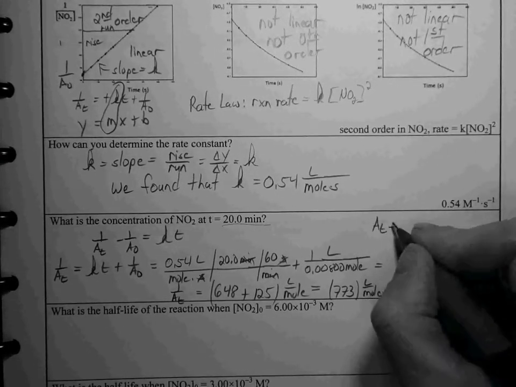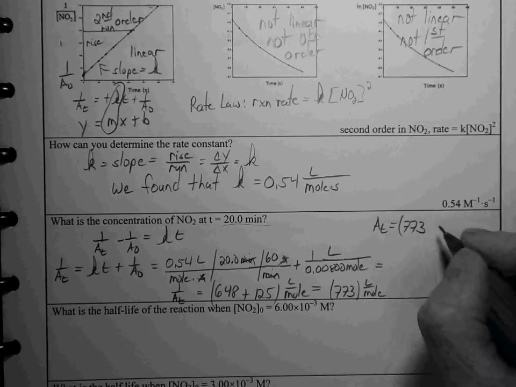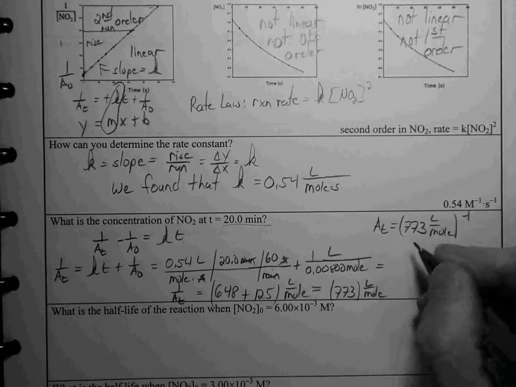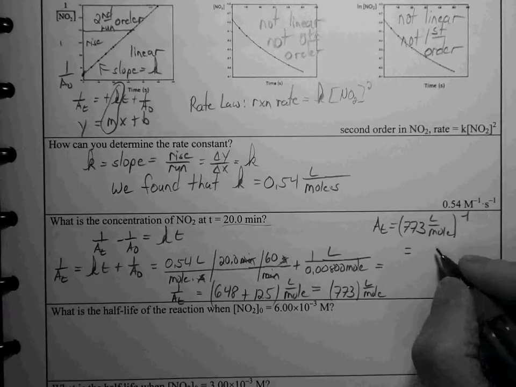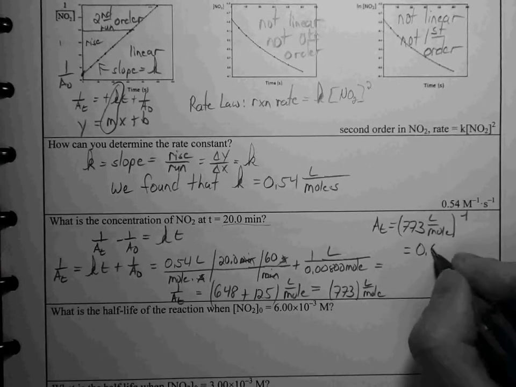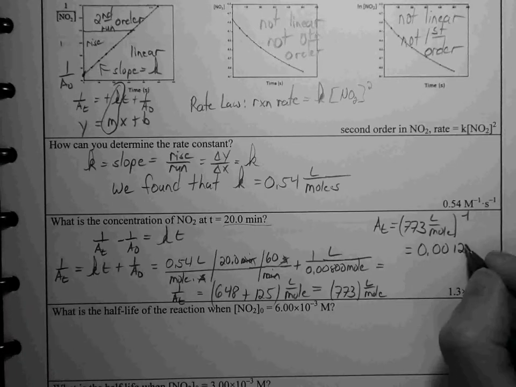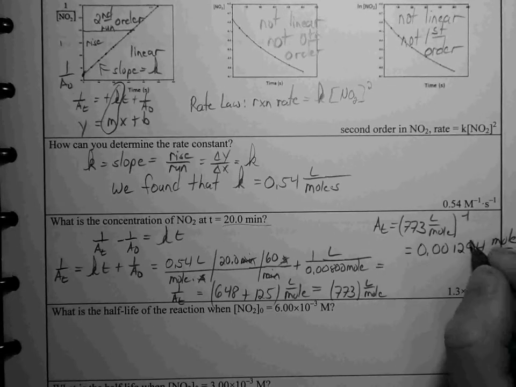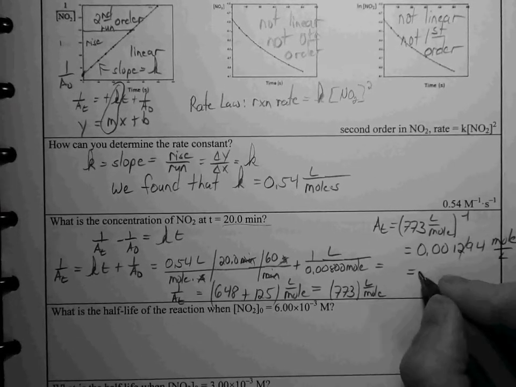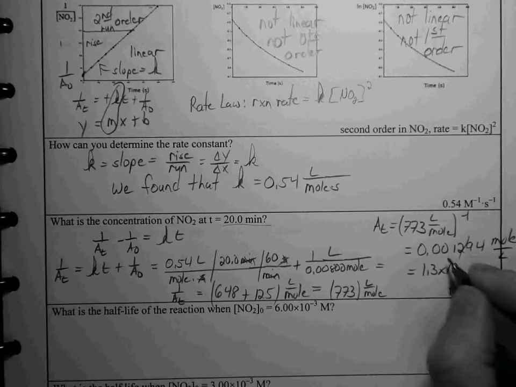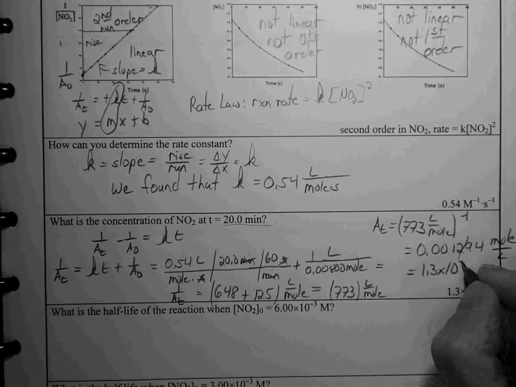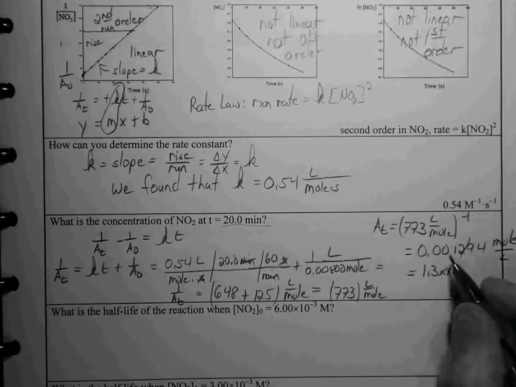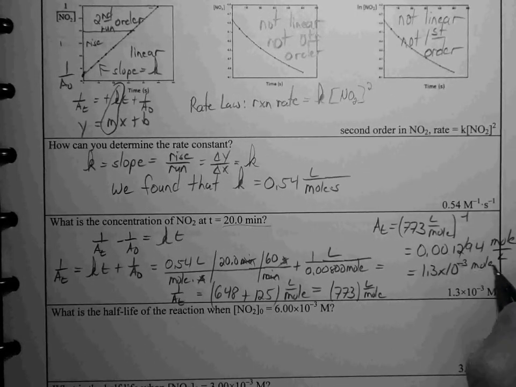So [A]t is going to equal 773 liters per mole to the minus 1 power; we need to take the reciprocal of that, and that comes out to be 0.001294 moles per liter, which with 2 sig figs is equal to 1.3 times 10 to the minus 3 moles per liter.